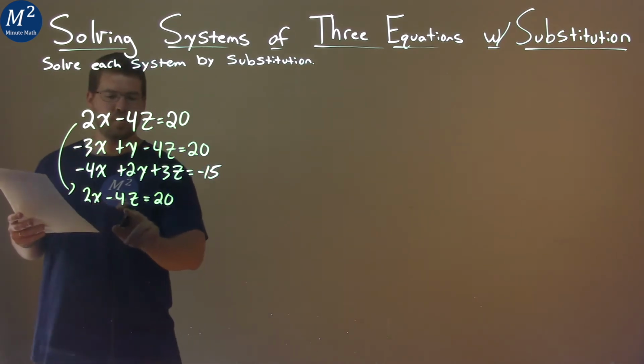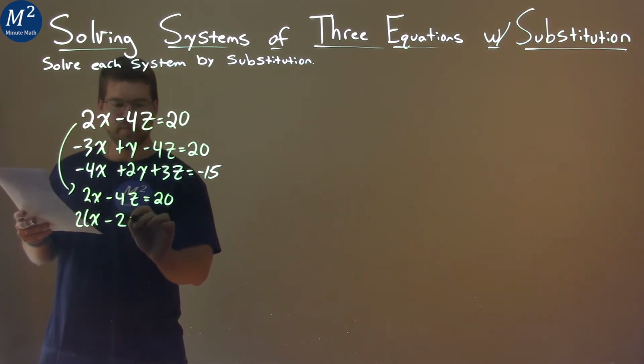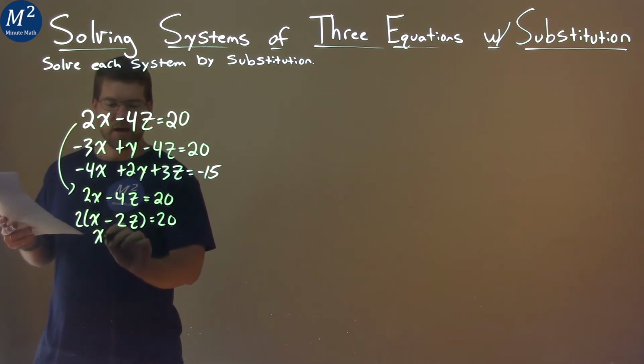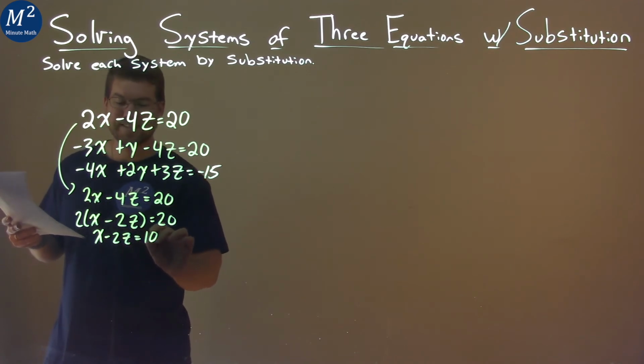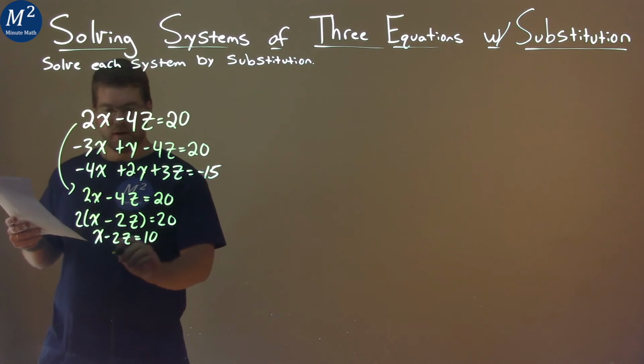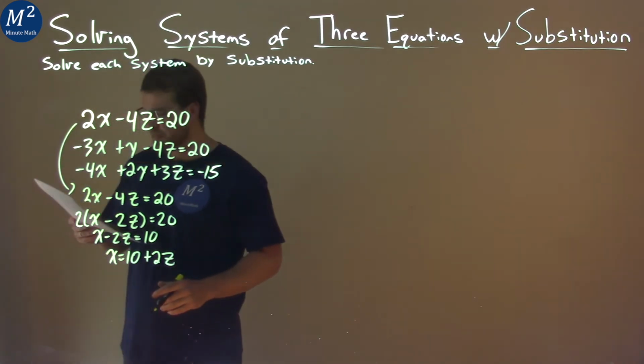If I pull out a 2 from both parts on the left-hand side, I'm left with x minus 2z equals 20. Divide 2 to both sides, and x minus 2z equals 10 now. Well, to get x by itself, just add a 2z to both sides, and x equals 10 plus 2z. Not bad.